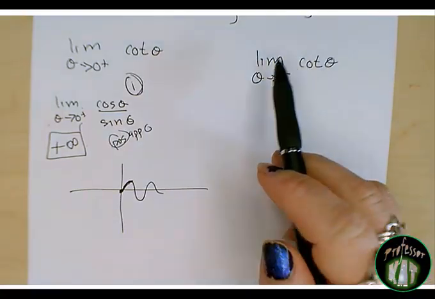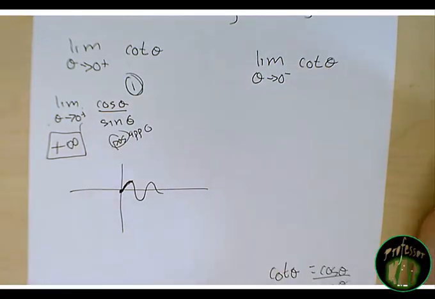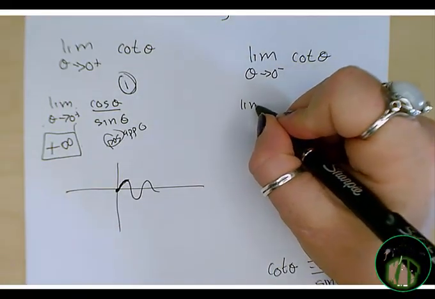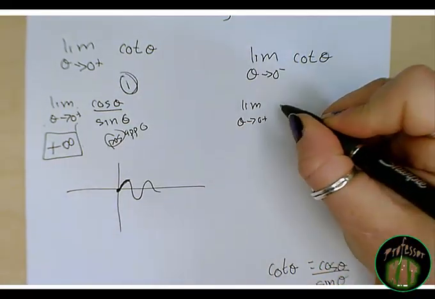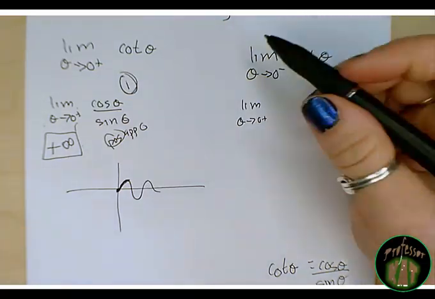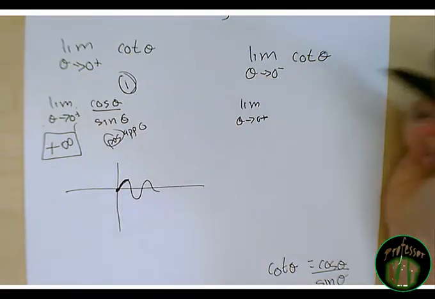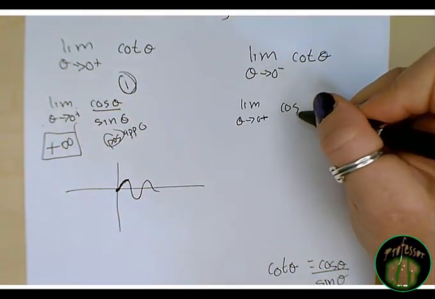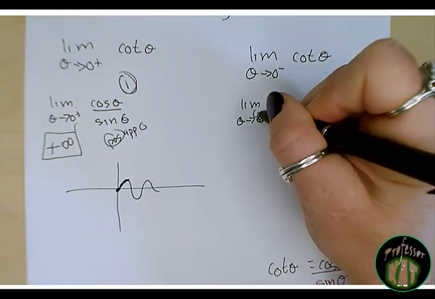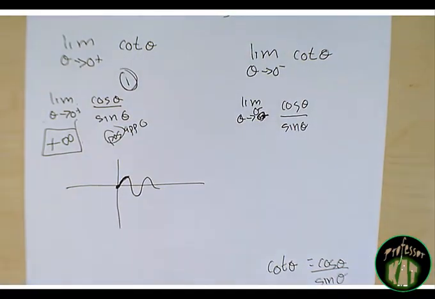Now, when we look at the limit as theta approaches 0 from the left-hand side of cotangent, we're going to do the same thing. We're going to break this up into the limit as theta approaches 0 from the left-hand side of cosine theta over sine theta. So we're doing 0 from the left.